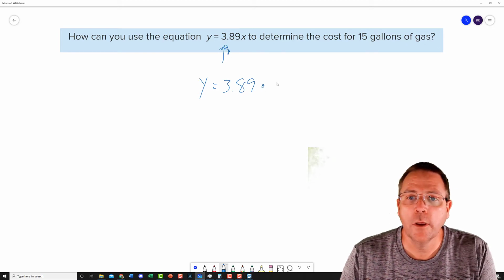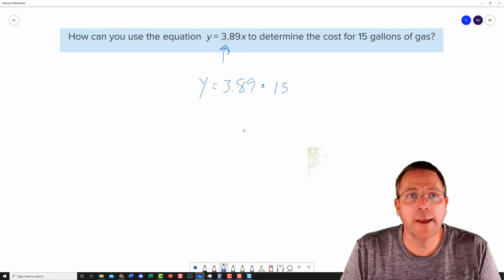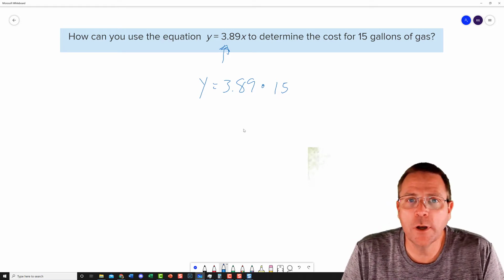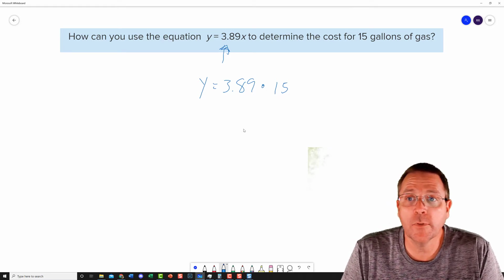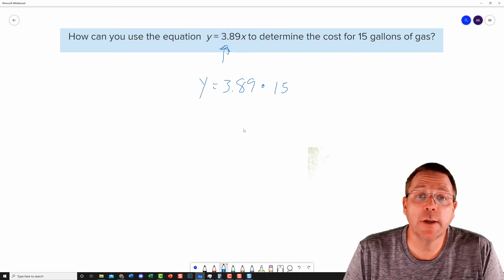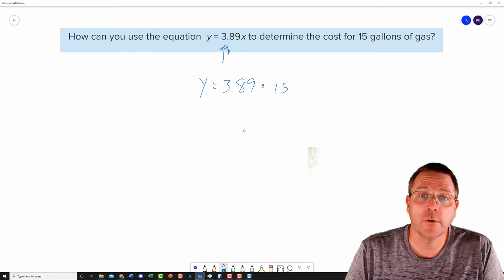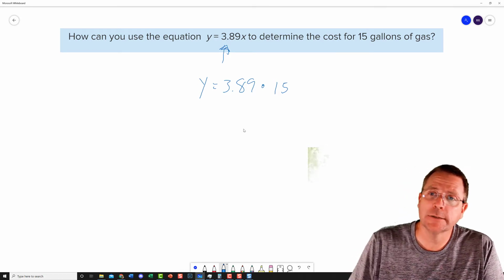The number of gallons. So that means we're multiplying 3.89 times 15. Now, it didn't ask us to solve it. It asked, how can you use the equation to determine the cost of 15 gallons? The answer is plug 15 in for x and multiply it, and it'll tell you how much 15 gallons costs. But we don't have to do that. It didn't ask us to solve it.